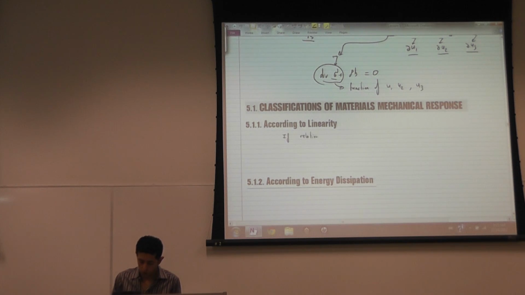If the relationship between measures, whatever measures of stress and strain you use, is linear, I call this material linear.